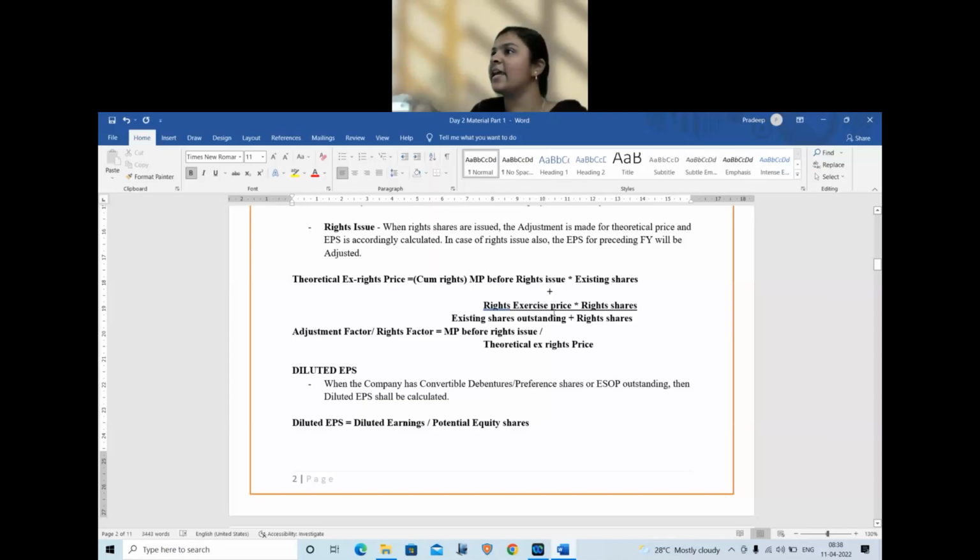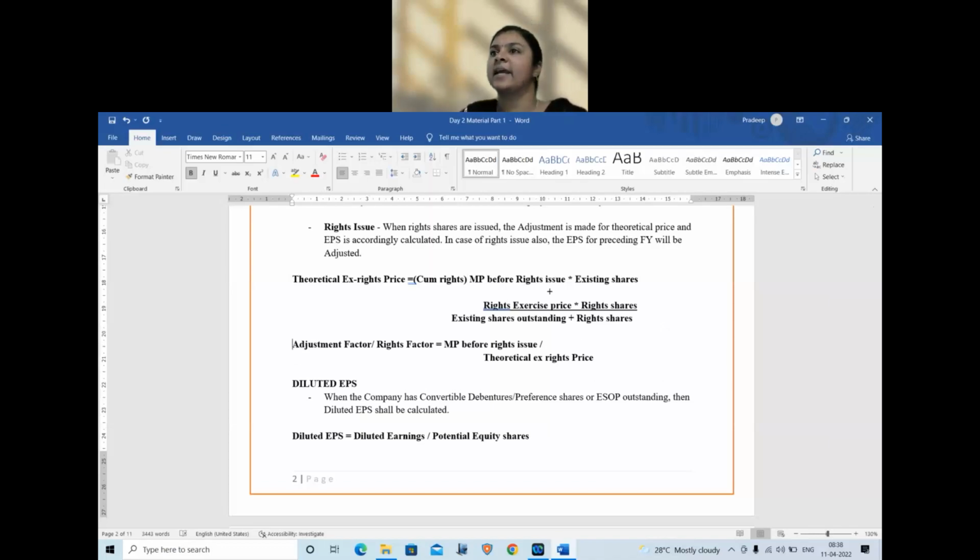Rights is the exercise price, and exercise price will be given for which shares? For the right shares. So exercise price into right shares, the whole divided by existing shares plus right shares, which is already available shares plus right shares. Okay. So this is your formula for theoretical ex-rights price.